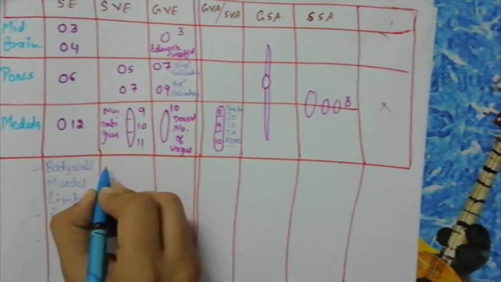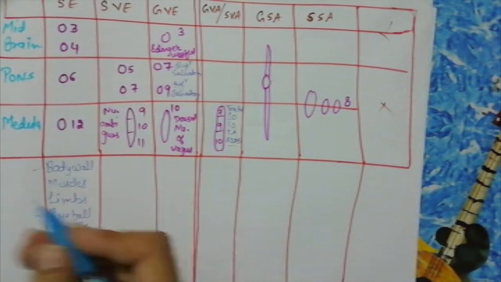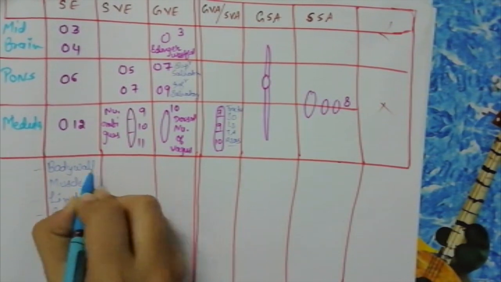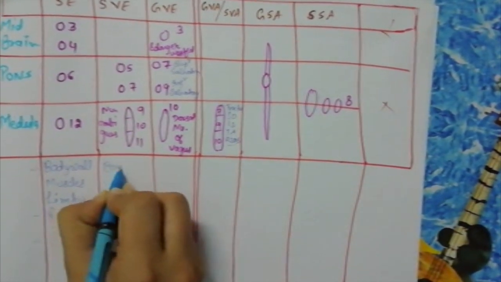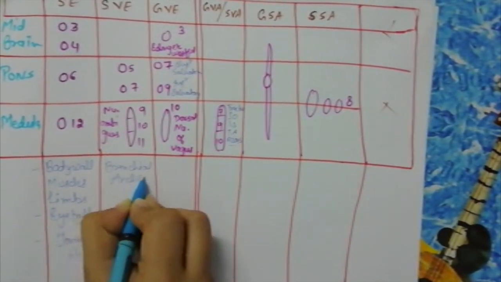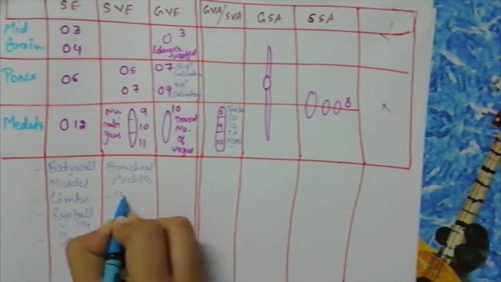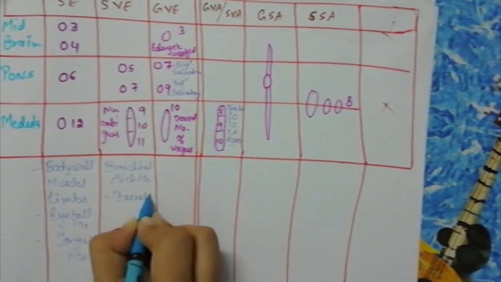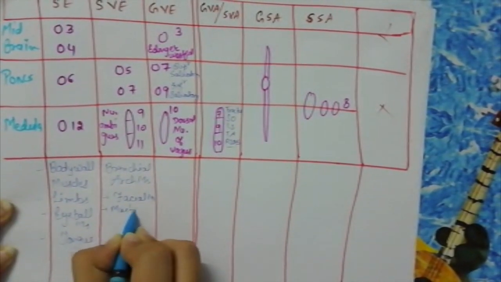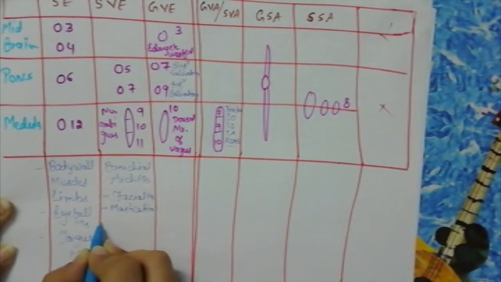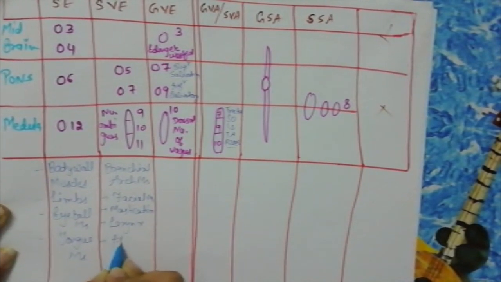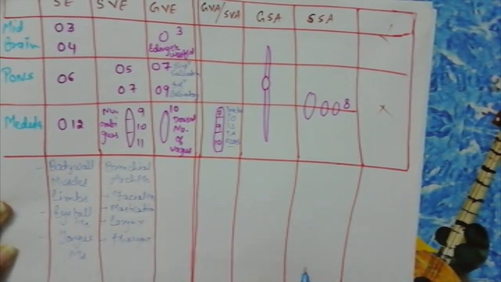So the special visceral efferent column will supply the branchial arch muscles, which are facial muscle and muscles of mastication, muscles of larynx and muscles of pharynx.